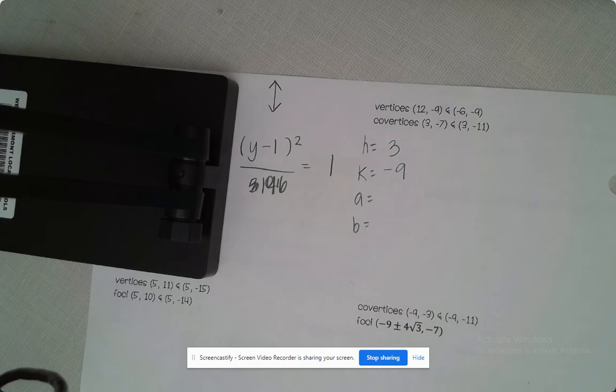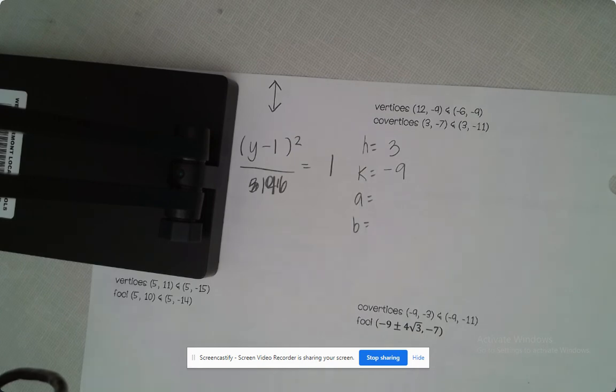Since when can a length be negative? Think about it. Where's your center? Where's your x coordinate of your center? 3. Good job, Caleb. Where is one of my vertices at? 12. If I'm at 3 and I need to go to 12, how many boxes?